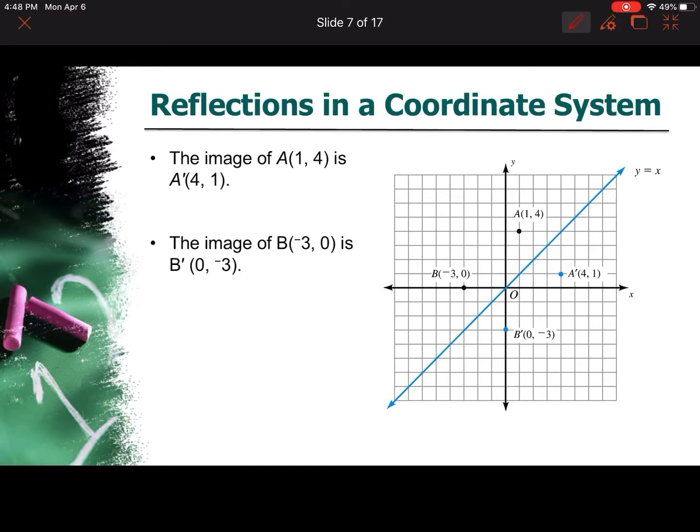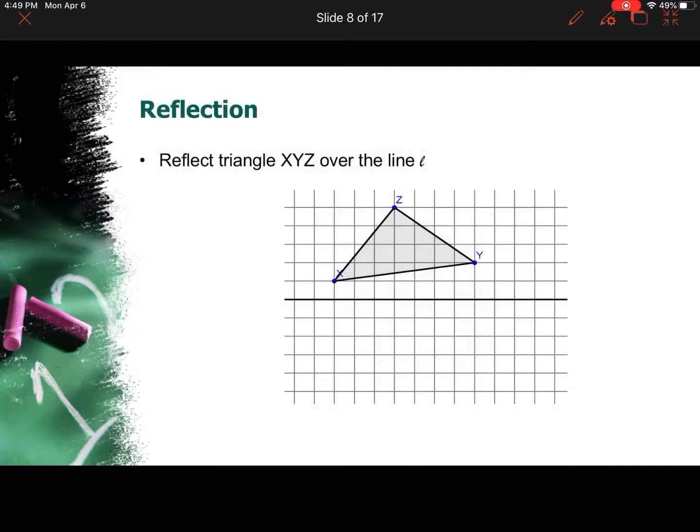If you look at the point (1,4), the reflection is the point (4,1), directly across that line of reflection. It's an equal distance across. Here we have B at (-3,0), and so B prime, or the image, would be (0,-3). So it's directly across.